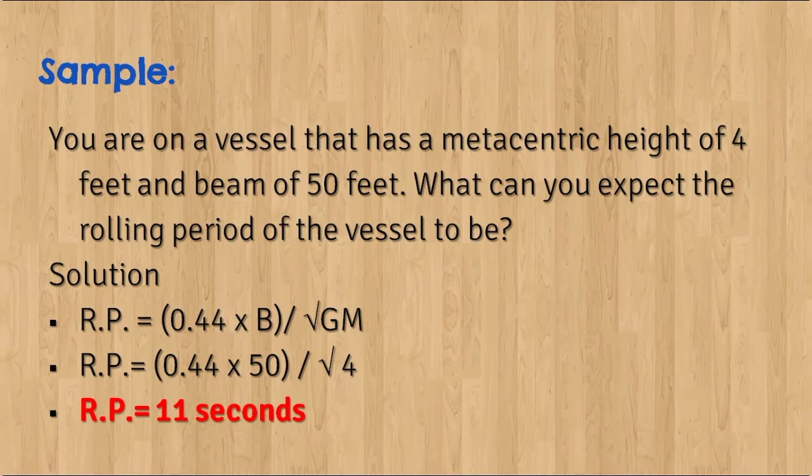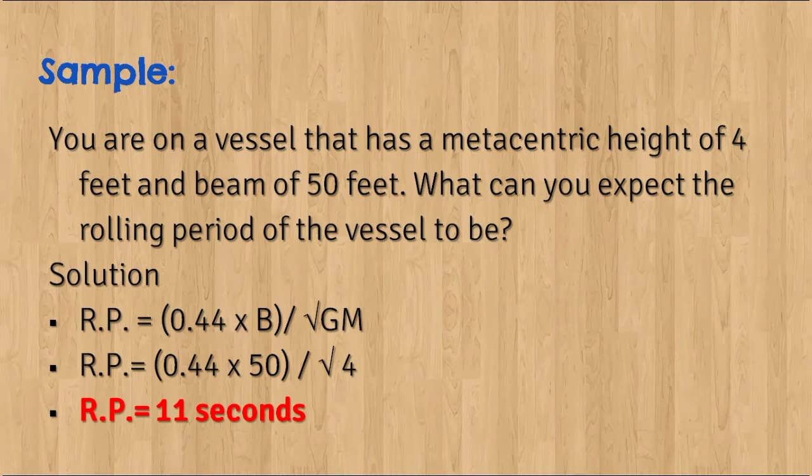If you will be the master of the ship, you will give the instruction to the officer of the watch on what to do if the rolling period is no longer normal. So what is normal? By simply calculating it from the initial GM, the breadth, and then the constant, you can obtain the expected rolling period.